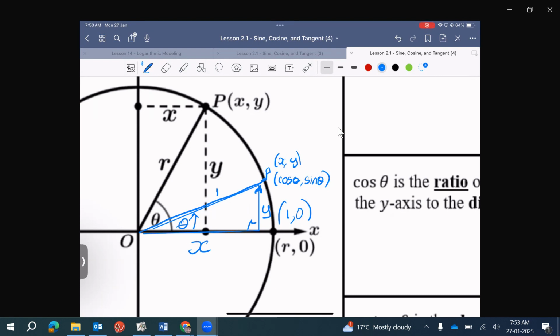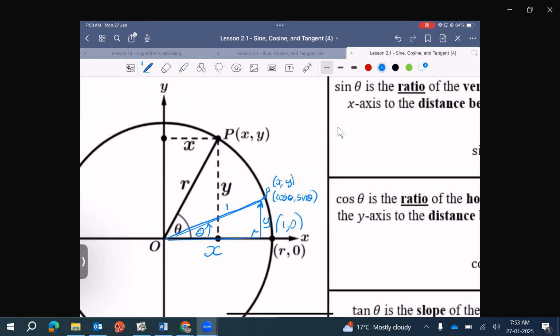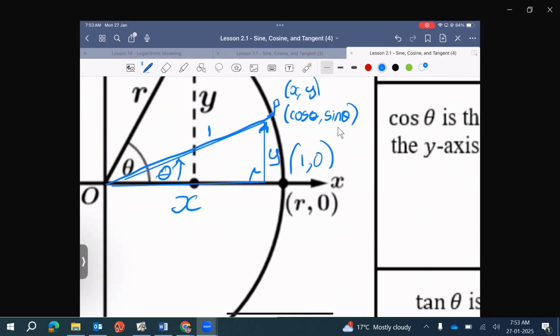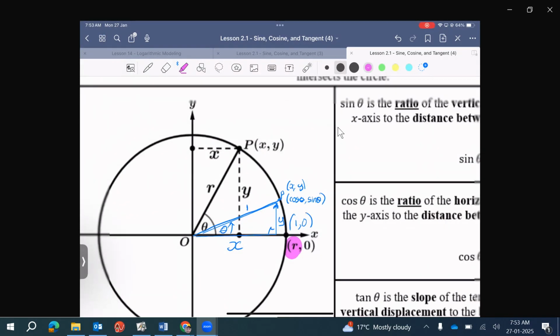Now, if you enlarge the unit circle by a length r, so if we multiply everything by r, we can get a circle of any size. So now we'll get a triangle at this particular point, and the x coordinate is going to be enlarged as well.